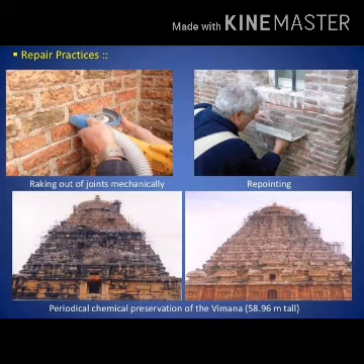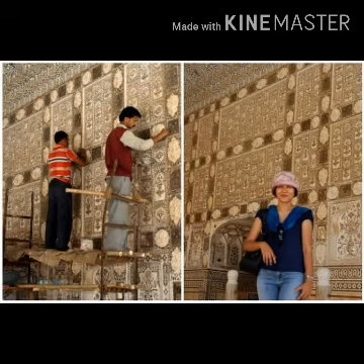For example, if any monument's or fort's wall part is spoiled, then we should construct it, but while making that, we should not hurt the original structure. That is, we should not lose the originality of the wall and should repair the spoiled part only. Its originality has to be maintained.